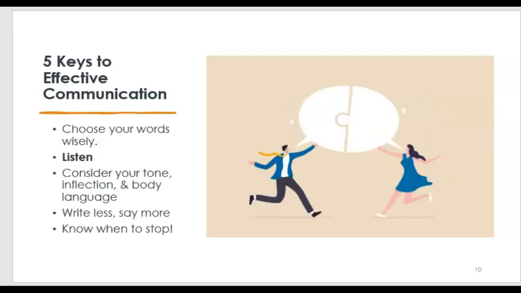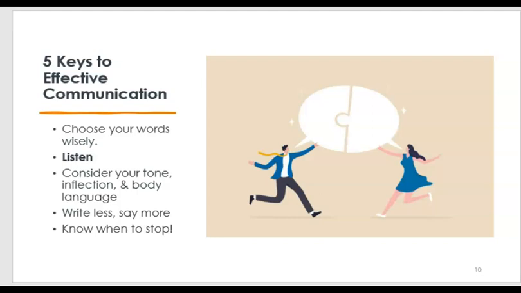So be sure to choose your words very wisely, as well as actively listen to what's being said. Try to pay attention to your body language, most especially, as we portray much more communication through our body language than we do by what we actually say.